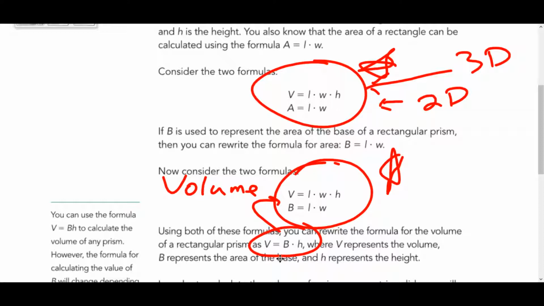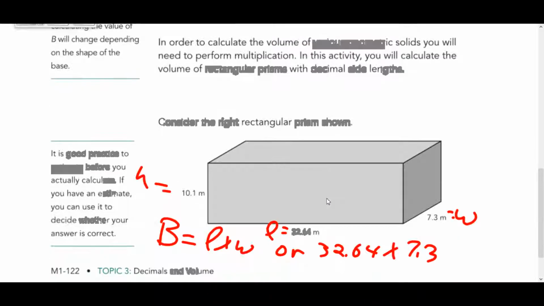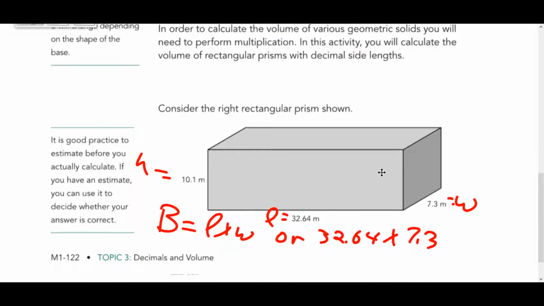Sometimes they're going to give you the area of a base, and you just need to multiply that by the height, or you might have to do everything, length times width times height. So we applied that to this rectangular prism, and we found that the length times the width would be how we found the area of our base. So we need to do 32.64 times 7.3, and then later we'll come back and multiply it by the height.